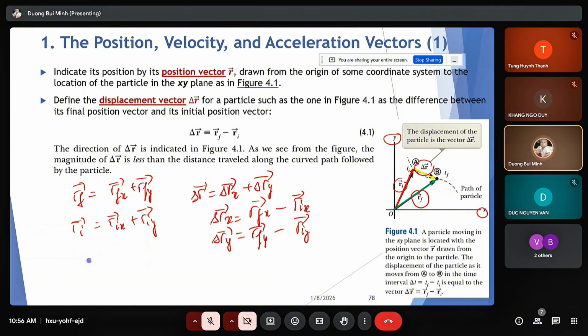Or you can think about it this way: delta r equals r_f with the phase angle phi_f minus r_i with the phase angle phi_i, because remember we have two-dimensional space x, y. This one is phi_f, this one is phi_i. Any questions so far?